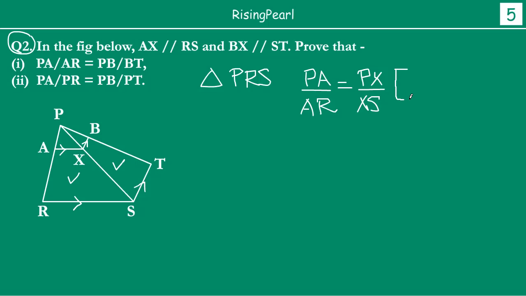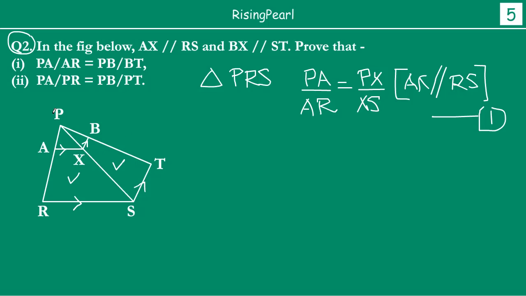Why? Because AX is parallel to RS. So from the theorem, these two ratios must be equal. Let's call this condition 1.